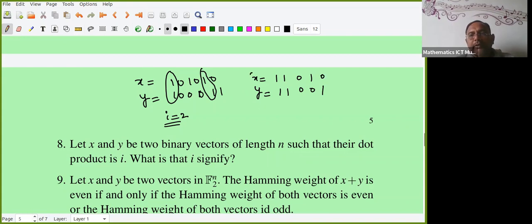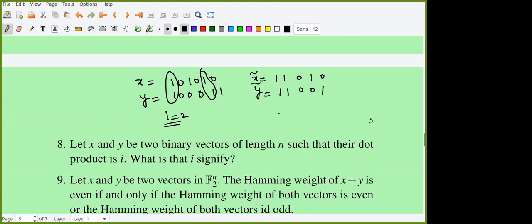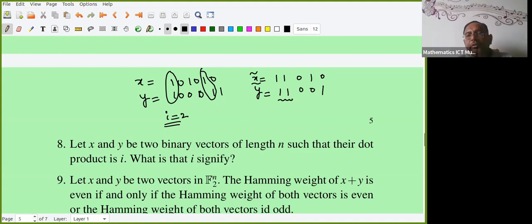These are new vectors, x tilde and y tilde, right? Do these two have the same dot product? Yes, right? So what are these 2 positions? I positions, where both the places have 1.